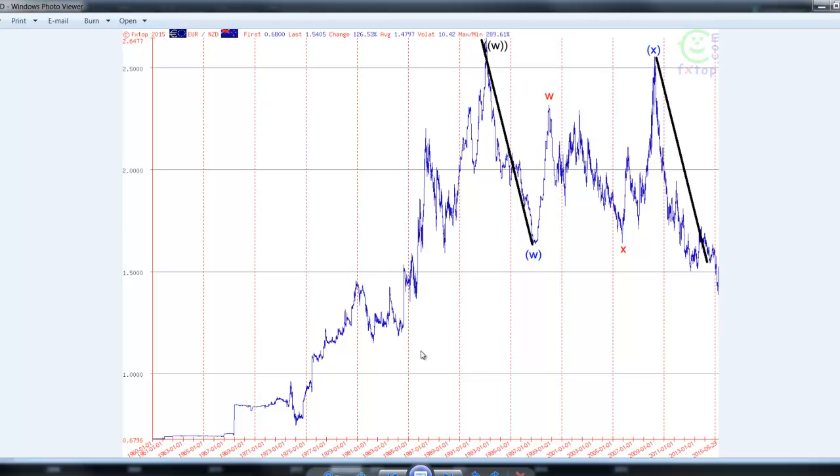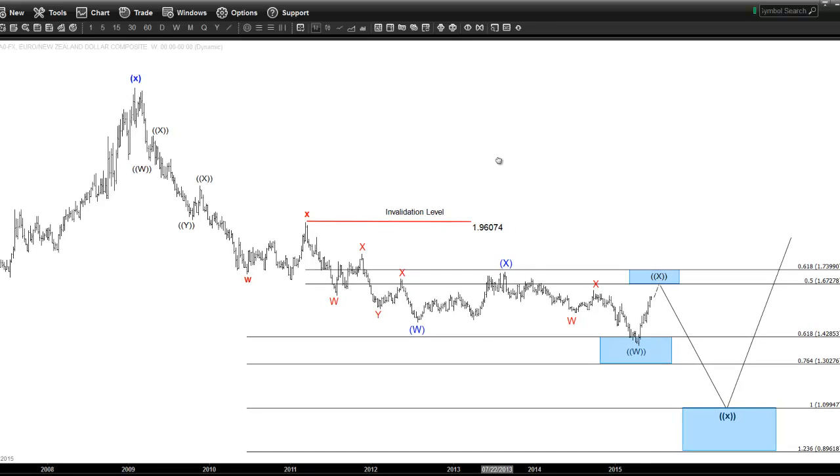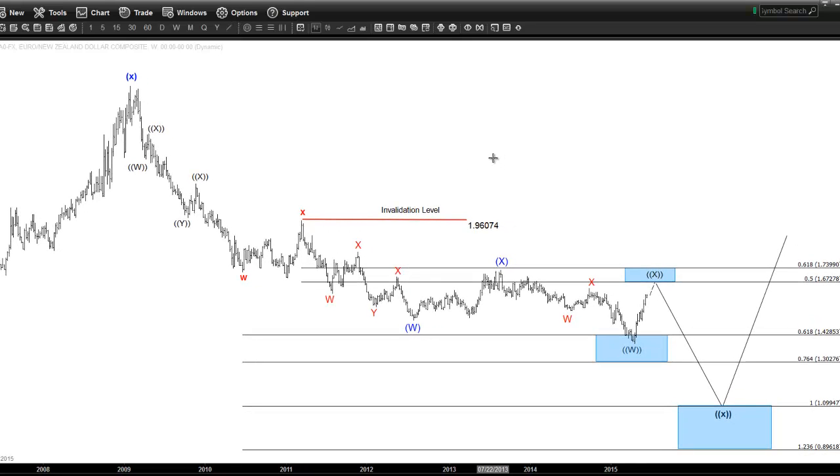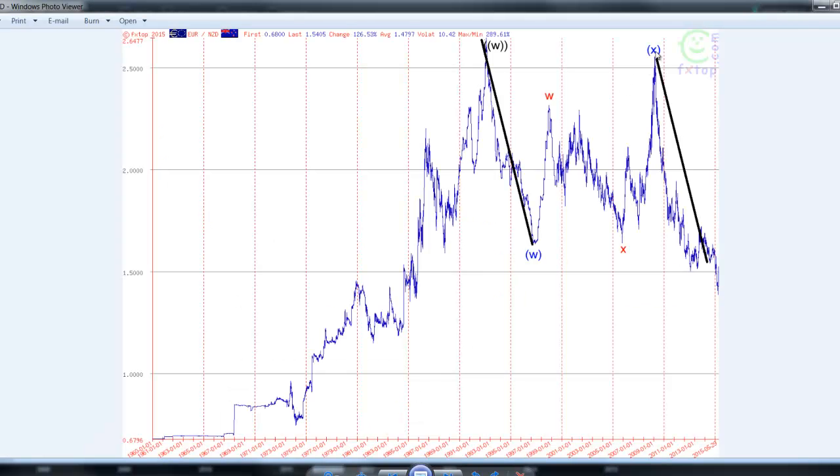So let's go back to our previous chart in eSignal. This is the Euro New Zealand dollar on the weekly chart. It starts from the X in blue, which on the very long-term chart is this one. So we start with this in eSignal, and then we label all these internal legs here.